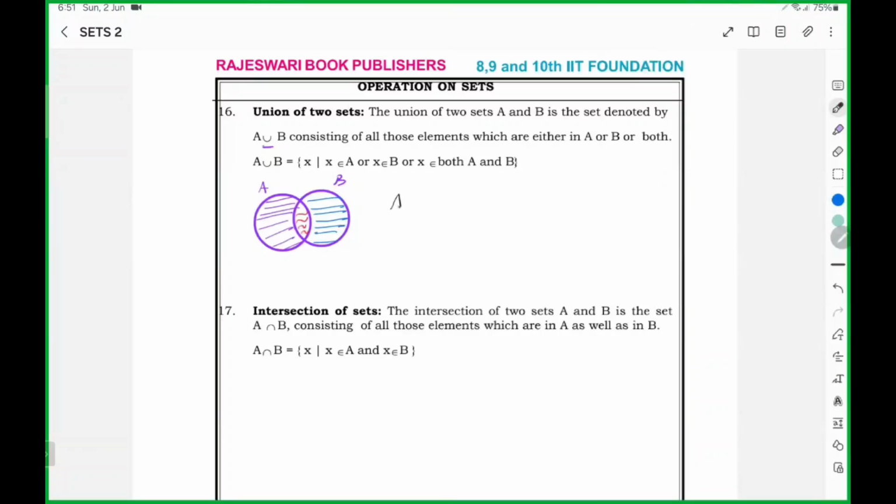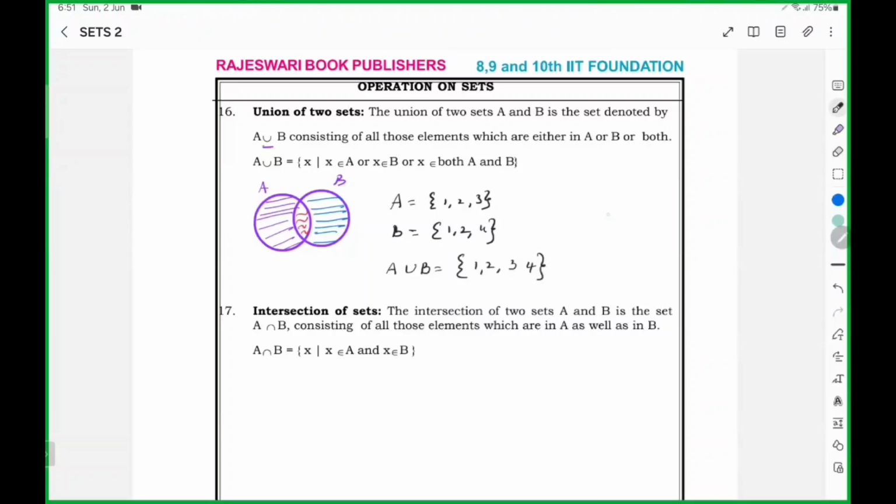Set A contains 1, 2, 3. Set B contains 1, 2, 4. And how do we find the union? It belongs to A, belongs to B, or belongs to both.